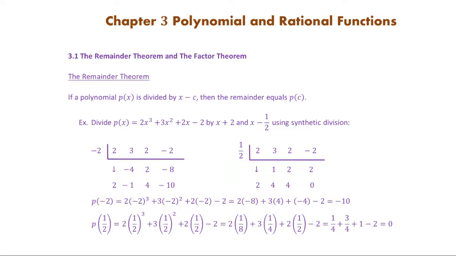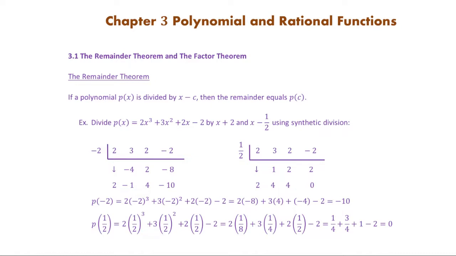So again, you put the coefficients of the dividend, 2x cubed plus 3x squared plus 2x minus 2. So you just put the 2, 3, 2, negative 2, right? And then you put the negative 2 outside on the left with a vertical bar to separate it from the coefficients of the dividend.